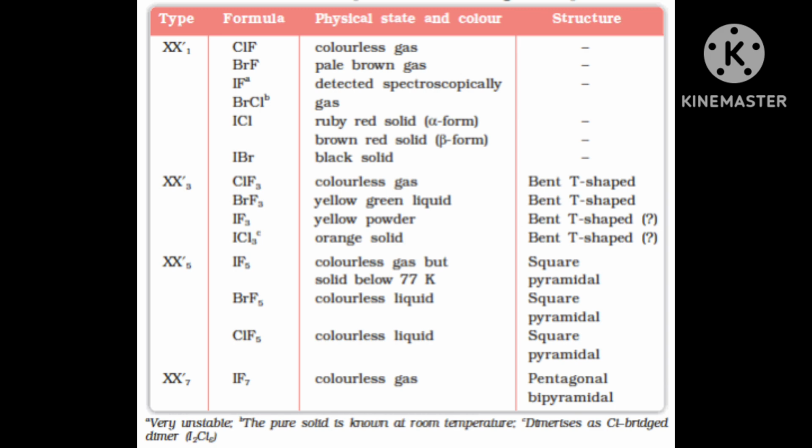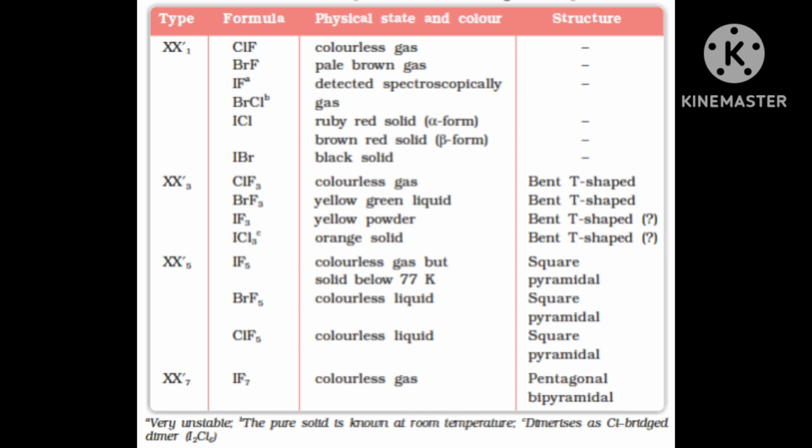Next is XX'5, meaning X' is 5 atoms, and XX'7, where X' is 7 atoms, where X is a halogen of larger size and X' of smaller size.